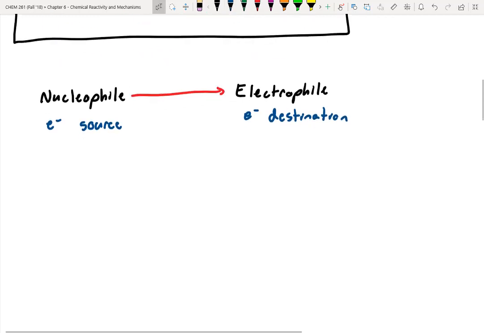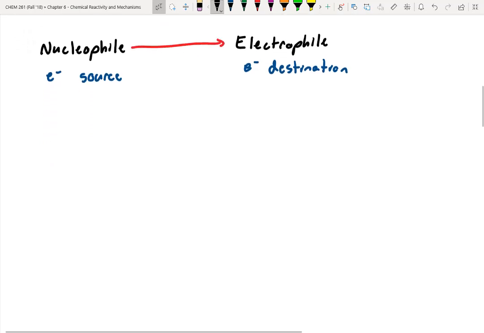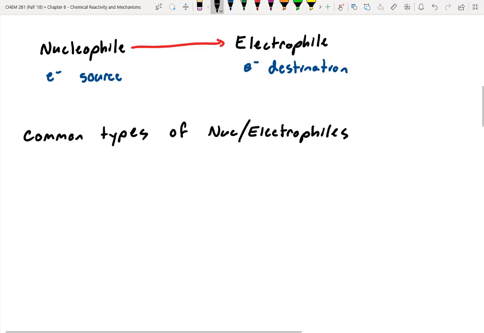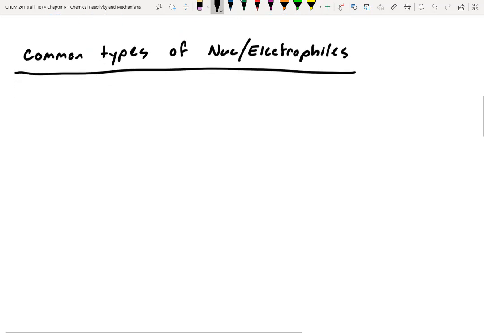All right, so let's take a look at some of the common types of nucleophiles and electrophiles. Let's do nucleophiles over here.